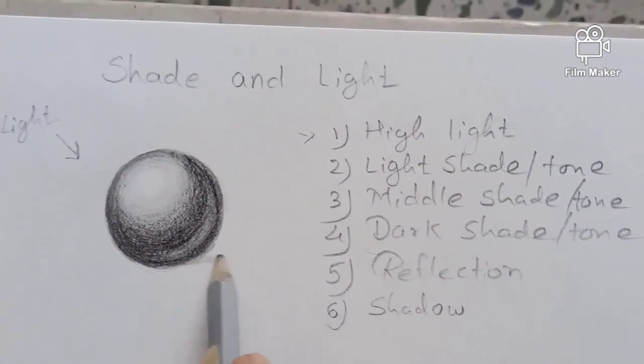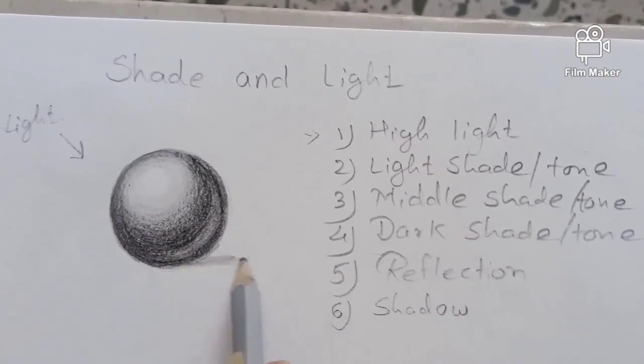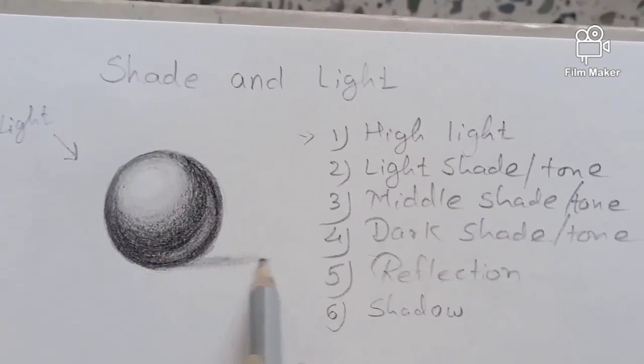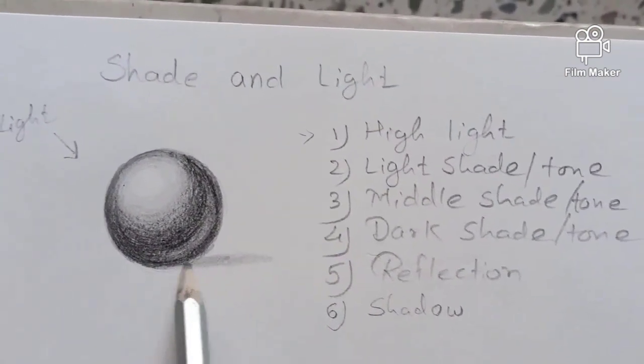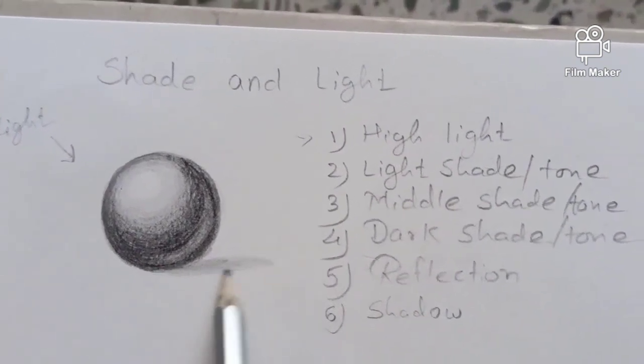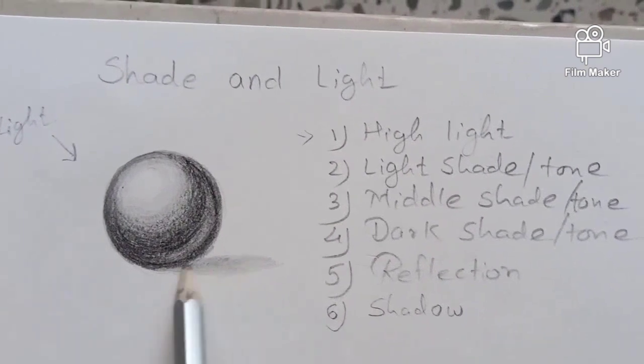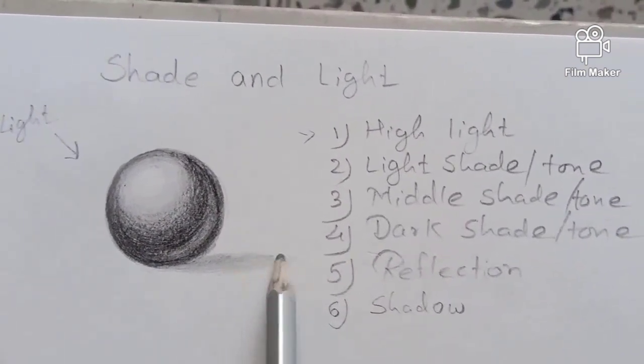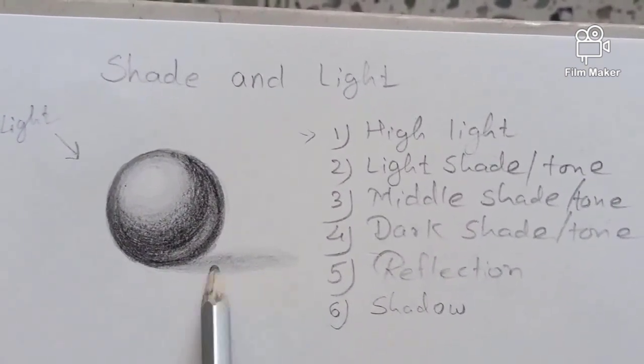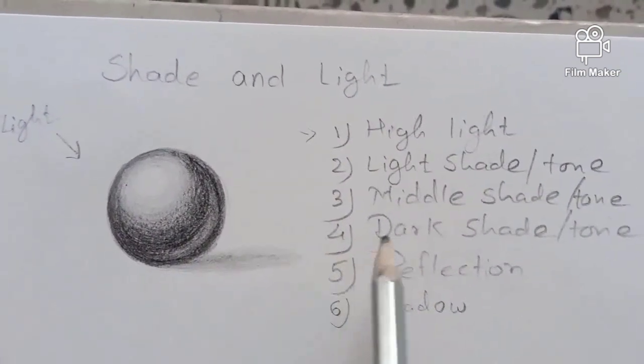The shadow we will create in a light manner, we will not make it very dark, as many people make the shadow with black, but actually the shadow does not have a black color.